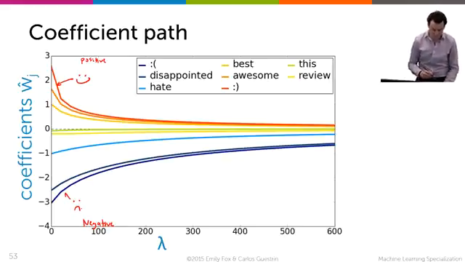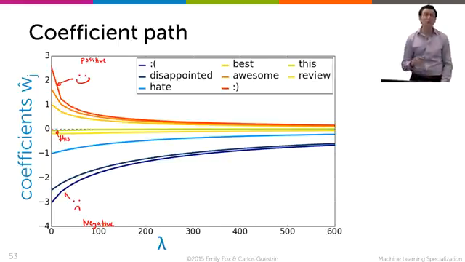And in the beginning, all of these words have pretty large coefficients, except for the words here near 0, which are words like "this" and "review", which are not associated with either positive things or negative things, although if the word "review" shows up, it's slightly correlated with a negative review. But in general, these coefficients are much smaller than the others.